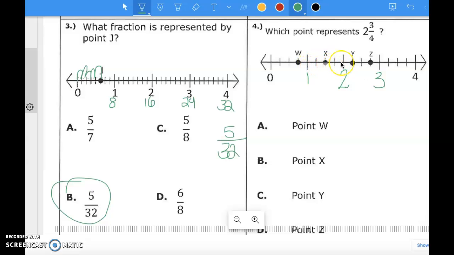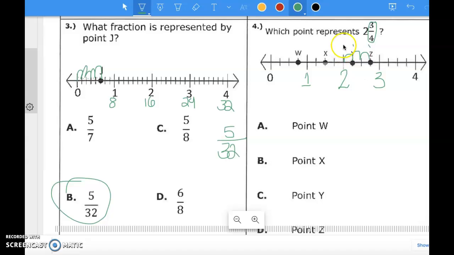And then they are subdivided into little parts. It's subdivided into fourths. So if I want 2 wholes, it must be either this one right here or this one right here because it has to be 2 wholes and more. Okay, and now I'm gonna focus on 3/4. So 1, 2, 3.